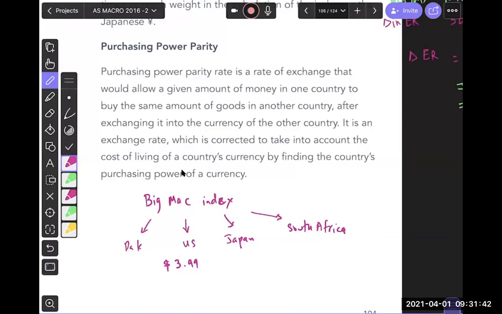I found it. Okay, it's 531, guys. 531. Now this is very interesting. So if you look at rupees 531, if you do the math, guys, 531 is to 3.99. What is $1 equal to? Anyone, guys?